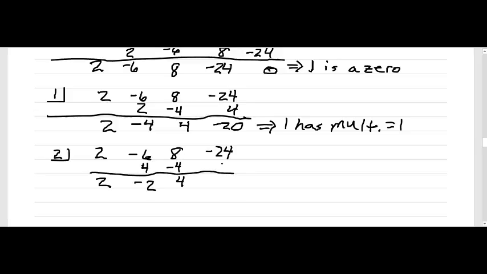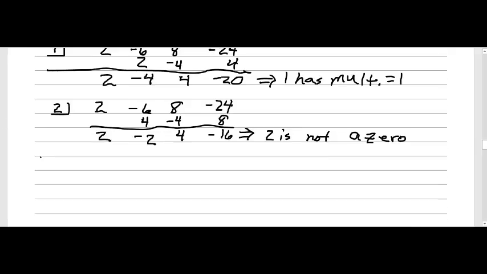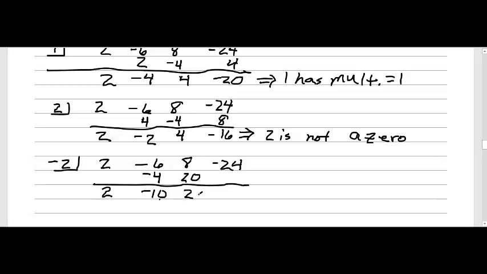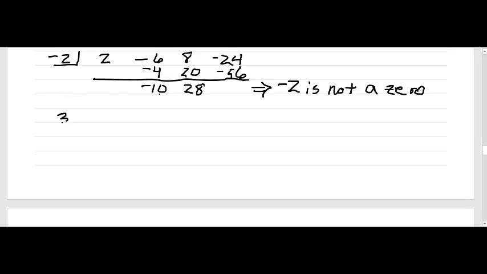Now let's try 2. See if 2 is a 0. We don't get a 0 remainder, so 2 is not a 0 of our polynomial. Let's try -2. So we go through the process. Bring down the 2. Notice we're writing the coefficients from the last time we got a remainder of 0.